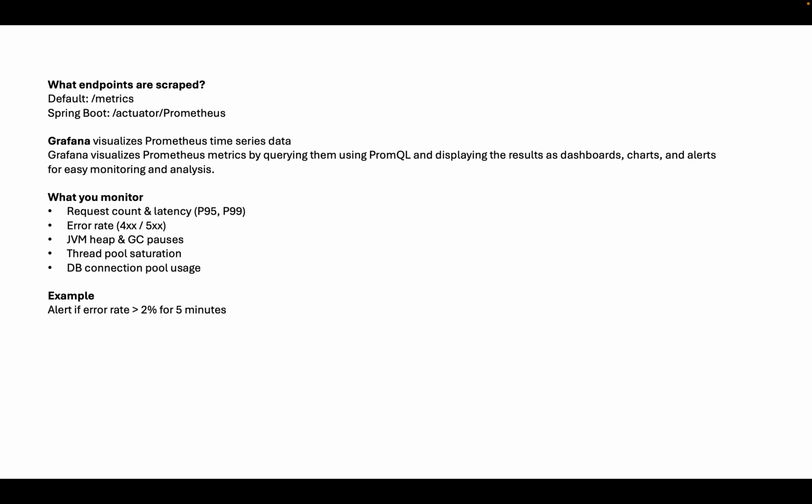Now we will see Grafana. Grafana is a visualization tool which visualizes the data provided by Prometheus. Grafana visualizes Prometheus metrics by querying them using PromQL and displaying the results as dashboards, charts and alerts for easy monitoring and analysis.